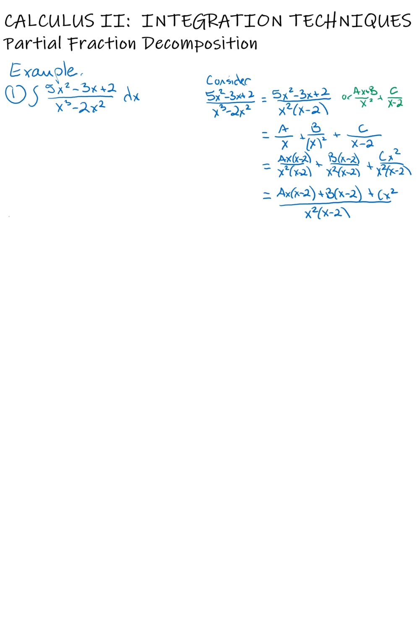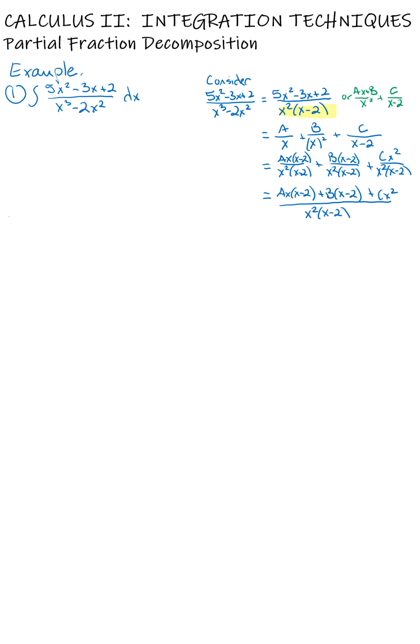Now we know that our original fraction is equal to this rational expression that we have here at the end. I also know that these denominators are the same, right? In fact, I could even see it here. Those denominators are the same, which means the numerators must also be equal.